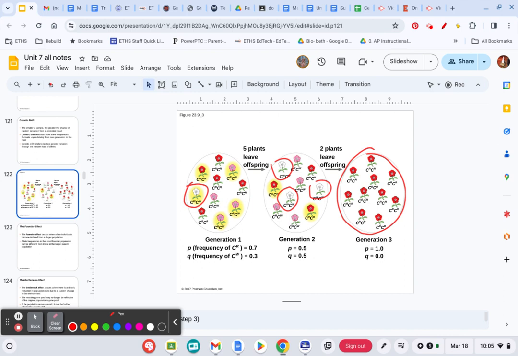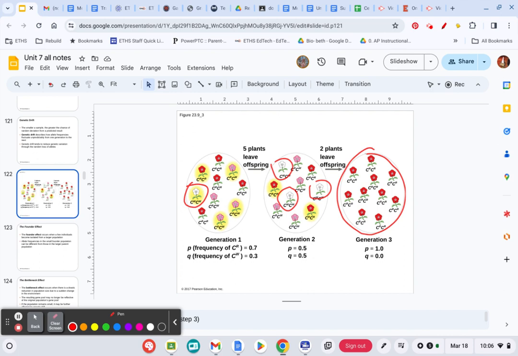And now, are you going to have pink flowers after generation 3? Are you going to have white ones or pink? Sorry, I wasn't reading the genotype here. What are the alleles here?